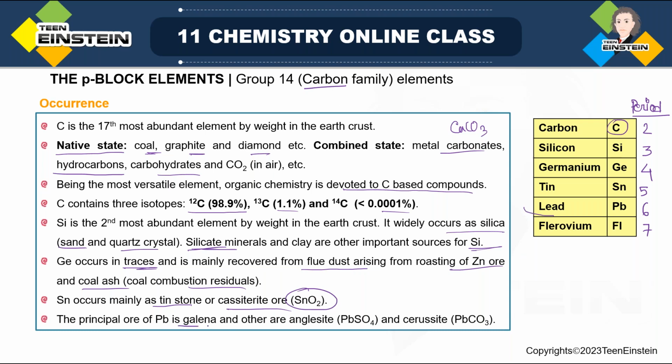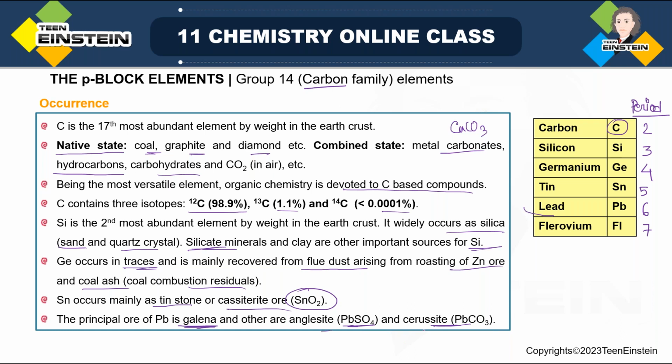The principal ore of lead is galena, PbS, and others are anglesite, which is lead sulfate, and cerussite, which is lead carbonate. So different types of ores of lead you can see here, which is galena, then we have anglesite. I have given these names here because you can get this type of memory based question, simple.